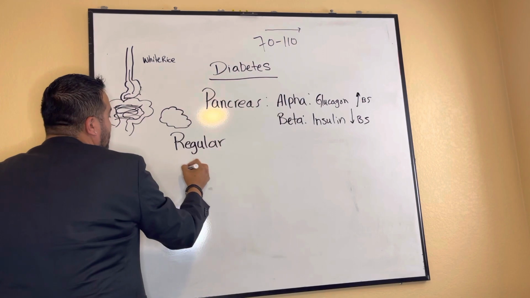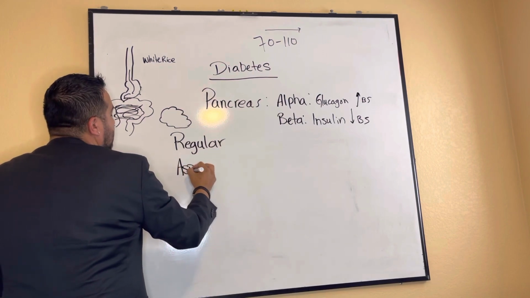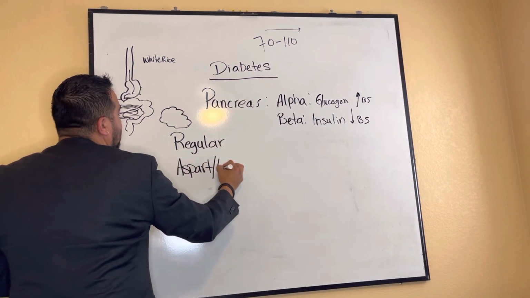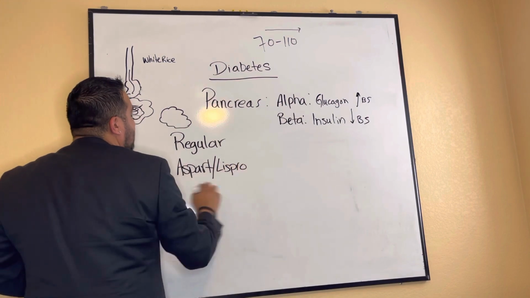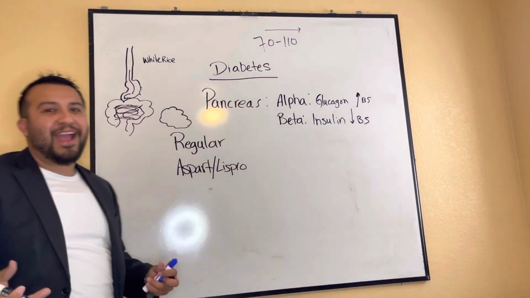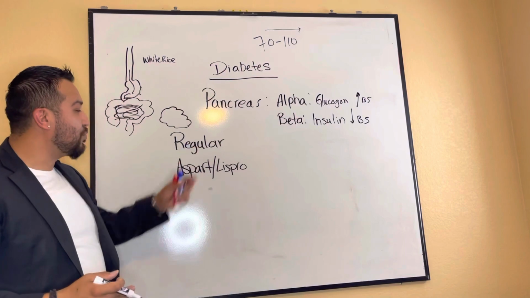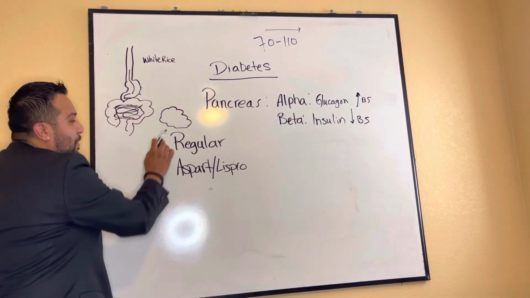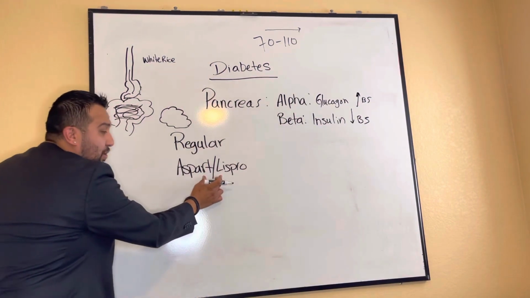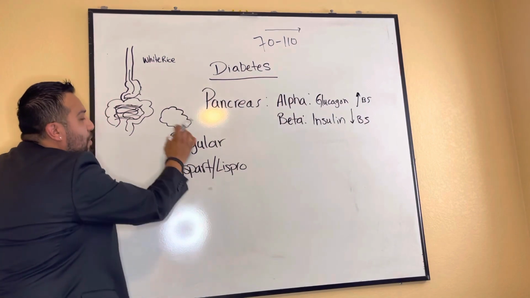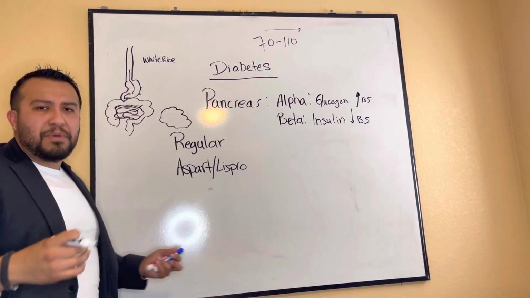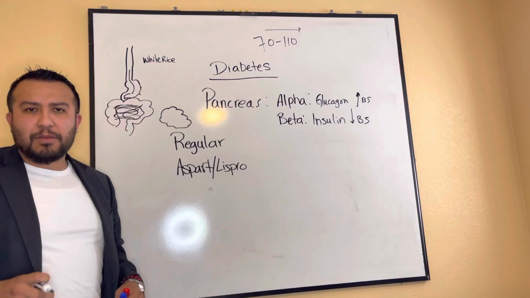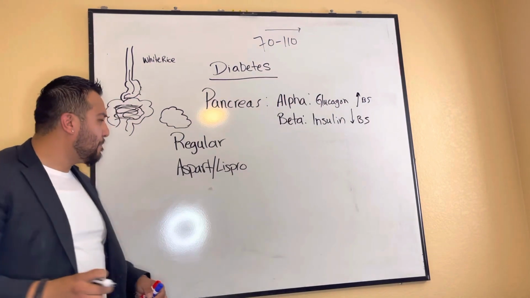We have your Aspart, your Lispro. Now, Aspart and Lispro work really fast, but don't last as long as regular. But just understand that both of these are similar. These two are almost identical. Regular is your bread and butter for insulin. It's the same type of insulin that your pancreas releases, right, in theory.